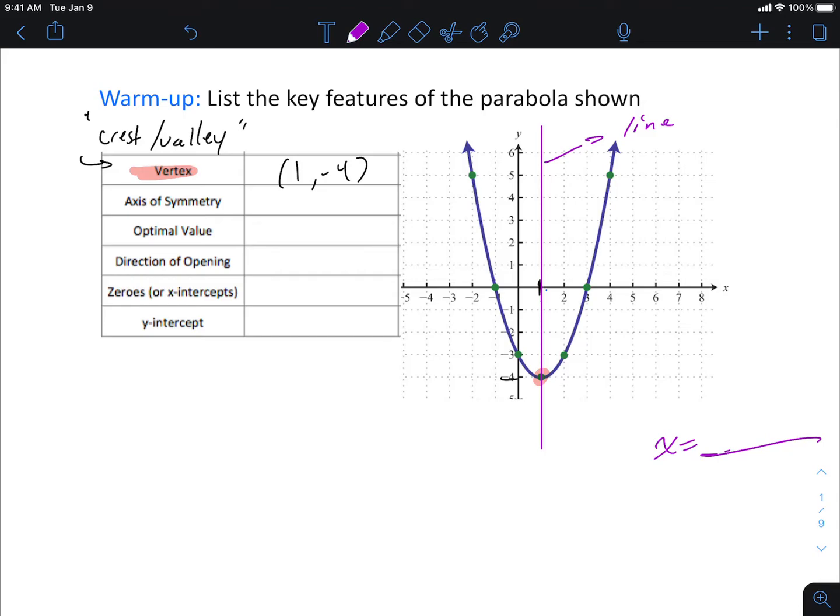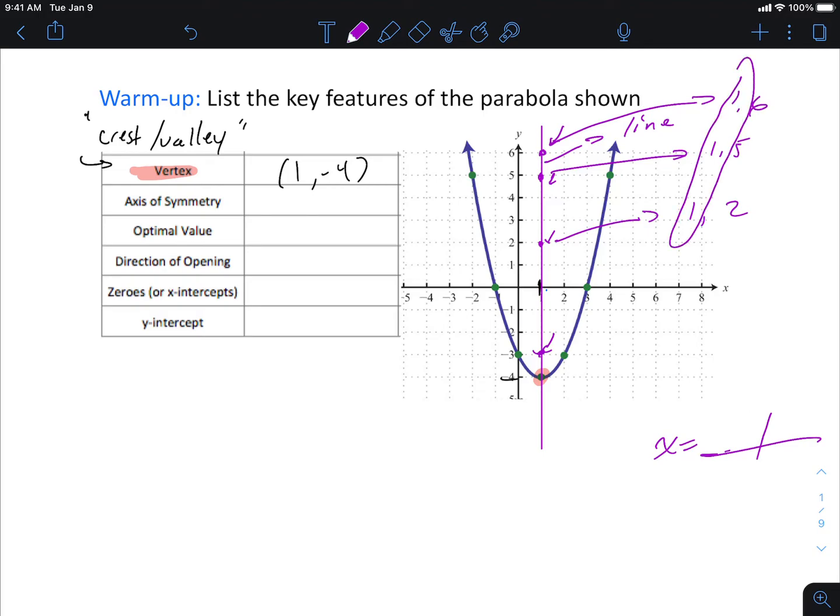That's because if I draw a whole bunch of points on here and label all these points, the x value of all of these 4 points is always 1. Always. Look at this one. We've got 1 and 2. This one is 1 and 5, and this one is 1 and 6. You can see how the x value is always 1, so it takes on this form: x equals 1. So when you go over to your axis of symmetry, x equals 1.